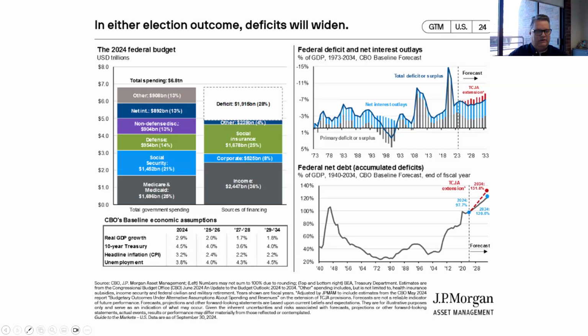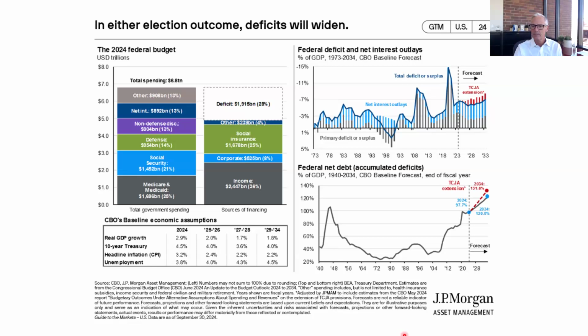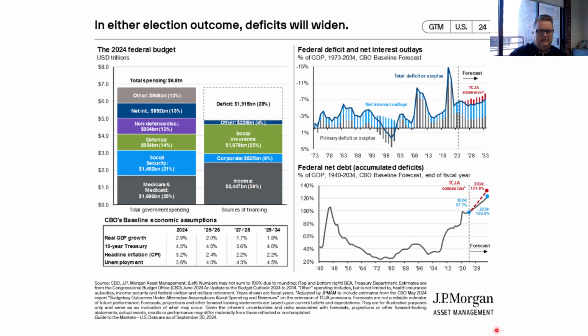This is not a 2024 issue, but a long-term issue. If you look down in that lower right chart, when Clinton left office, he actually had a surplus. Around 2000, right here, we had an explosion of spending. It didn't matter whether it was Bush or Obama or Trump or Biden, spending just exploded.